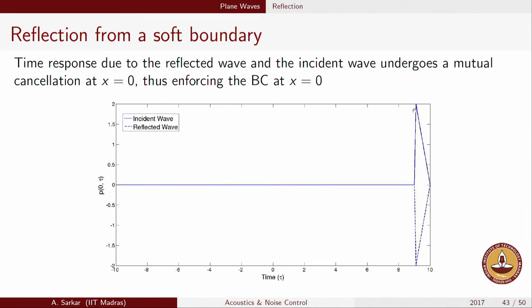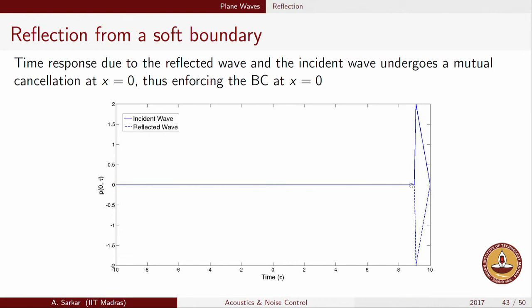So, if the incident wave has created this time history, the reflected wave must create exactly the opposite time history at the boundary point x equals to 0, right. So, the response due to the reflected wave and the incident wave must undergo a mutual cancellation at x equals to 0 if the boundary condition has to be enforced.